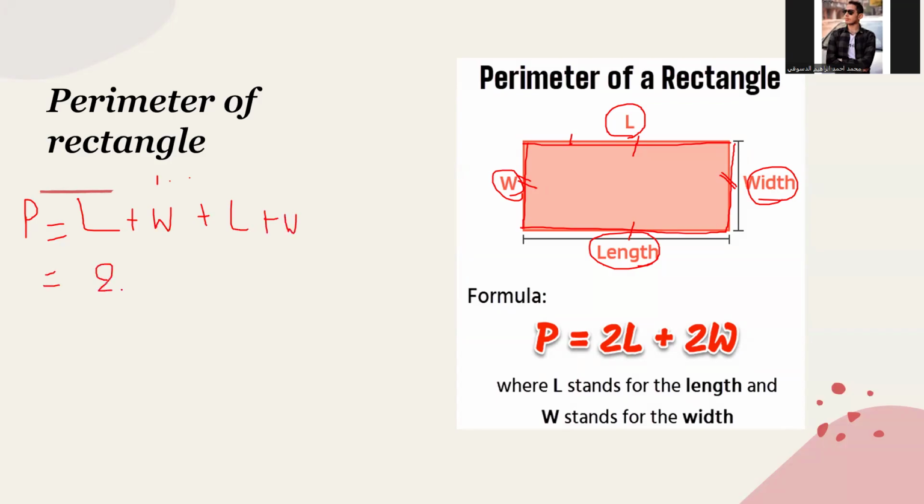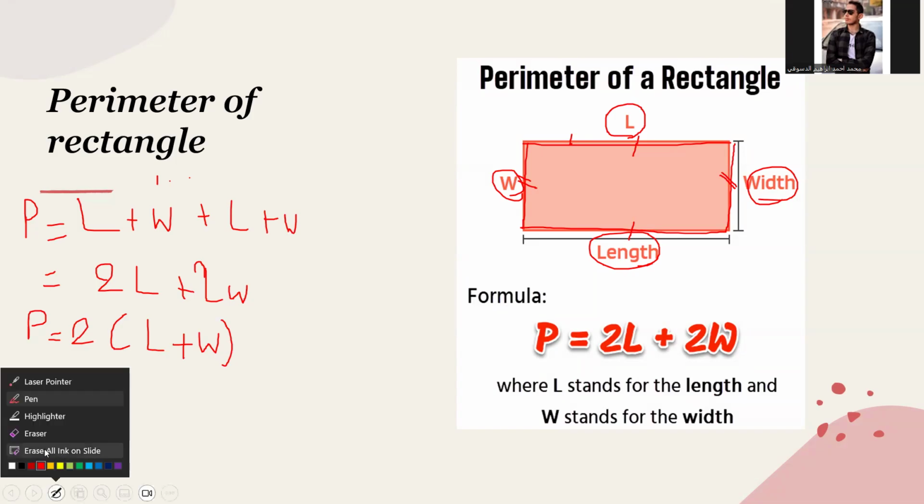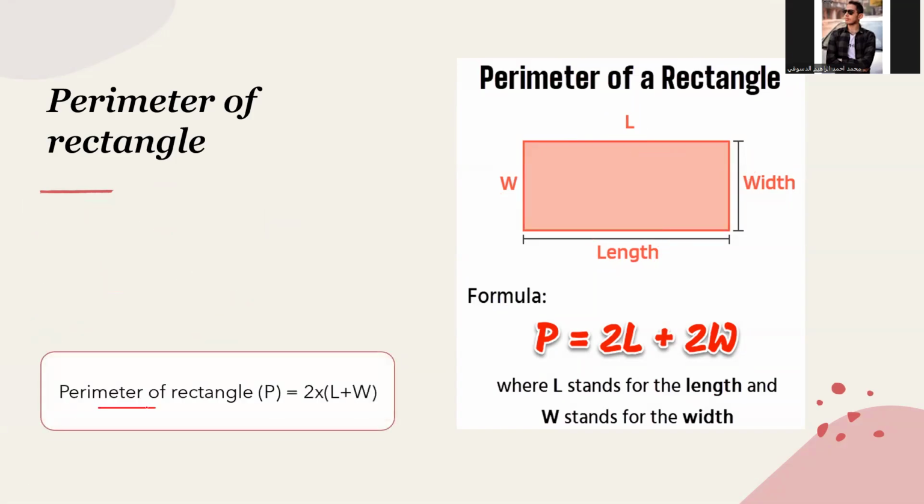That means there are 2 lengths plus 2 widths. We can take the 2 as a common factor to get the formula for the perimeter of the rectangle. It's 2 times length plus width. So now we understand that the perimeter of the rectangle, which is called P, is 2 times length plus width.